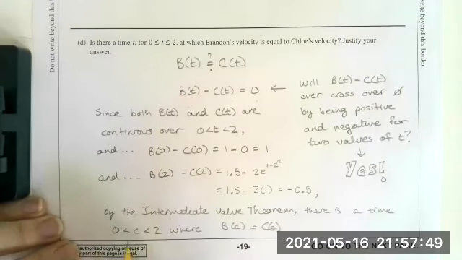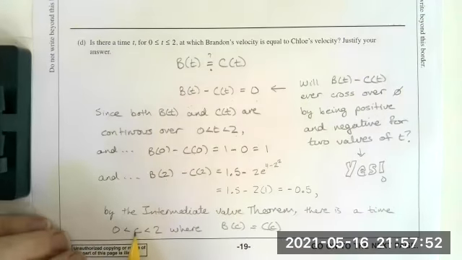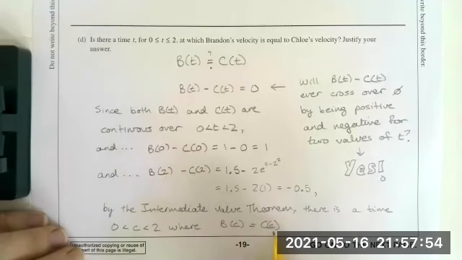So I'm just calling a unique moment in time c, where B of c and C of c, that unique moment in time, equal each other.